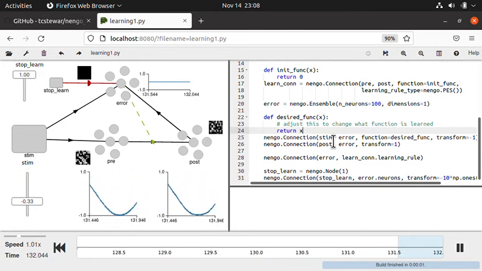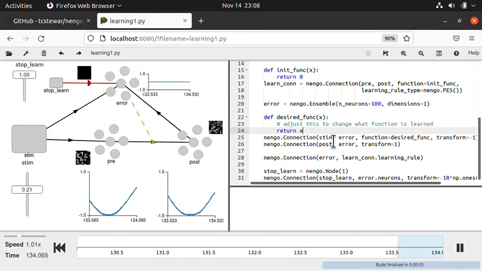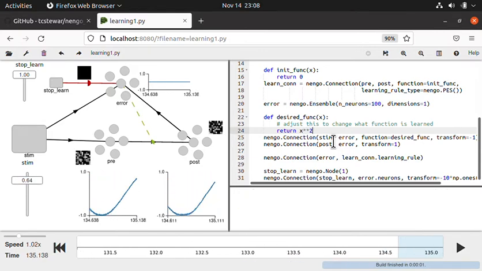It's also important to show that this works for more than just the identity function. So let's do x squared, why not? Now again, we're computing x squared manually, not in neurons, across this connection here. So we're not saying anything in this model whatsoever about where this correct answer comes from.